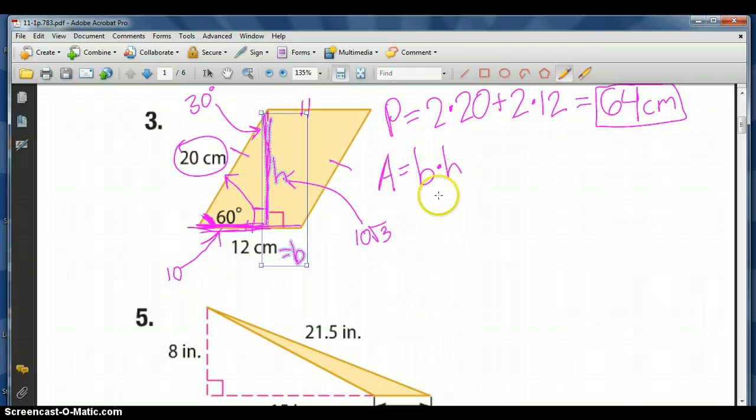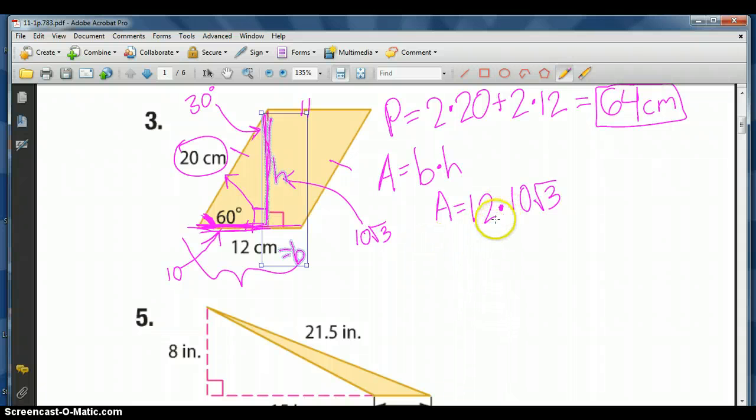So our area, we want to substitute in our base. So this entire side here is our base, so that is 12 times our height, the segment that is perpendicular to the base, spanning all the way across, would be 10 square root of 3.